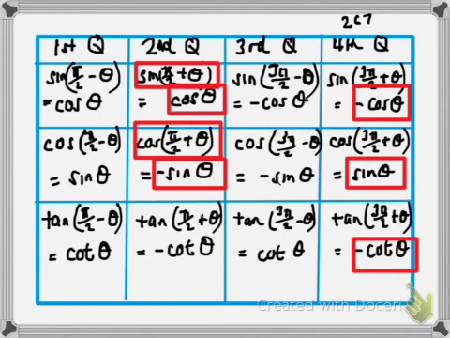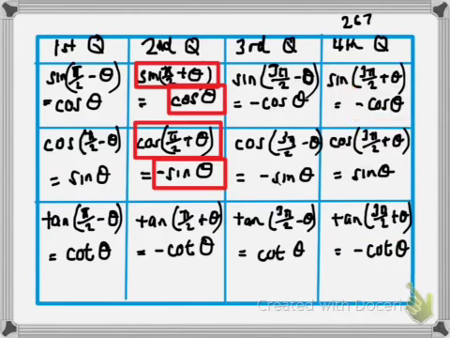Once again, pointing out the positive and negative, it's all got to do with this expression here. So sine's equivalent will be negative because sine is negative in the fourth quadrant. Cosine's equivalent will be positive because cosine is positive in the fourth quadrant. And tan's equivalent will be negative because tan is negative in the fourth quadrant. So we end up with a whole heap of rules here.